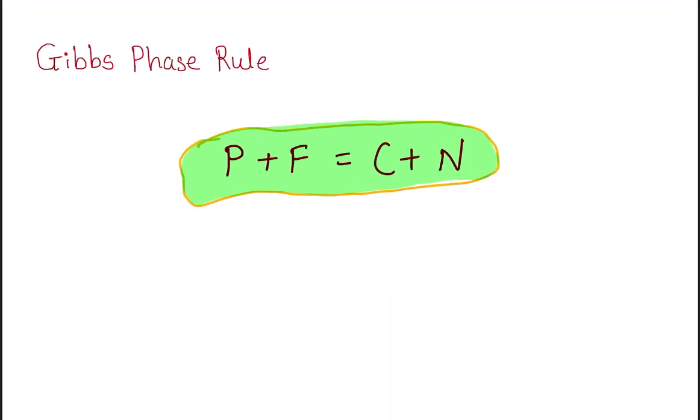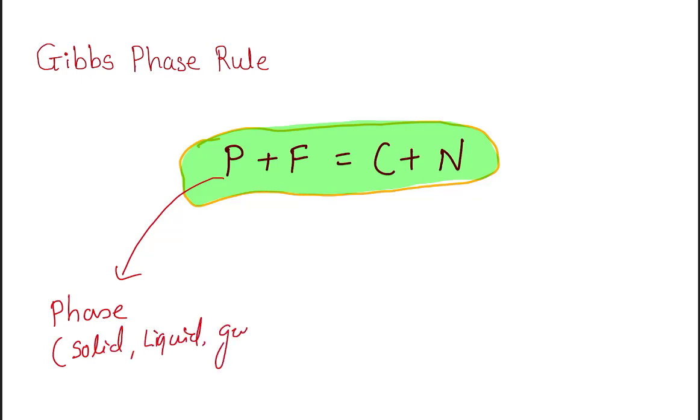So there is a relation between these four parameters. The first parameter is the phase. P is for phases such as solid, liquid and gases.